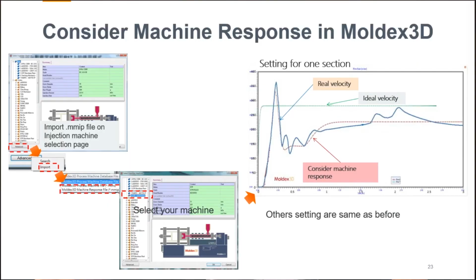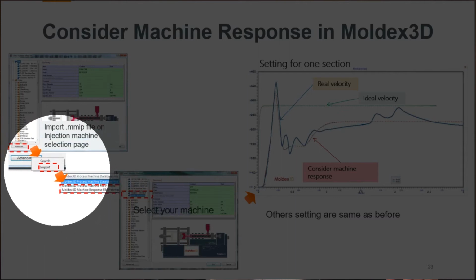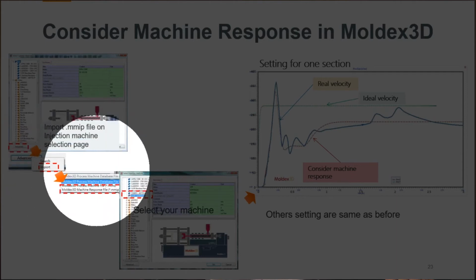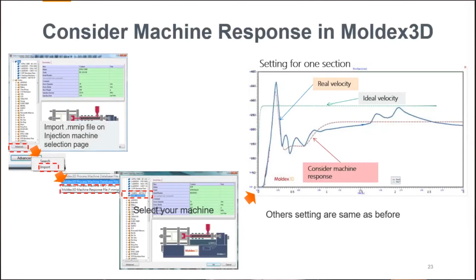All the other settings remain exactly the same. This is the only extra step, and it's extremely simple. Only three clicks: click import, click on the machine, and click select. With three extra clicks, users will be able to use this MMIP file in Moldex3D.